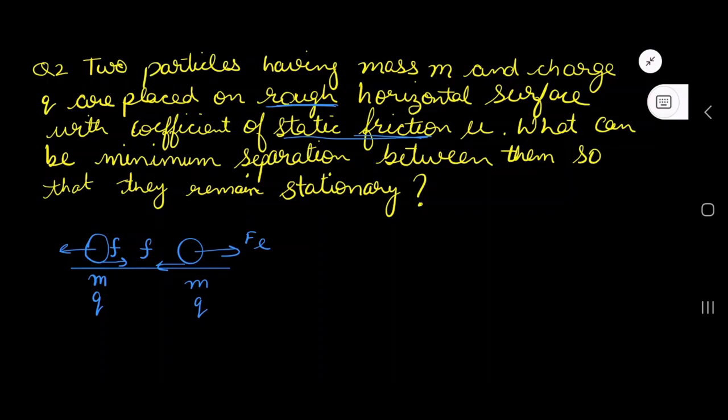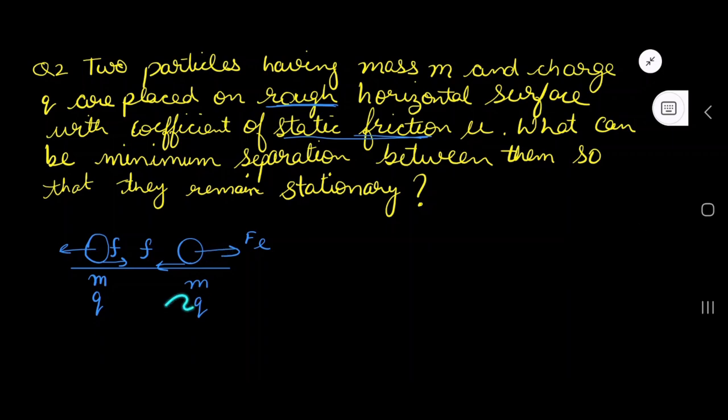Now if we displace a charged particle, suppose from here to here, it will experience a repulsive force due to the other, and it will be pushed in this direction. So we have to find the minimum distance at which they are in equilibrium, if I displace that particle to either the left or right side.